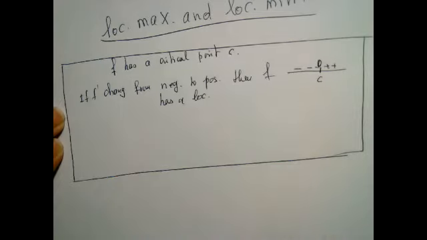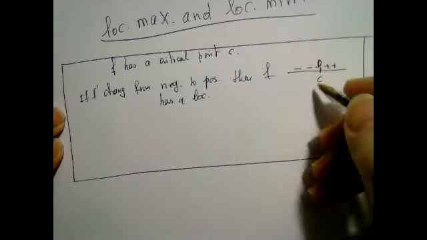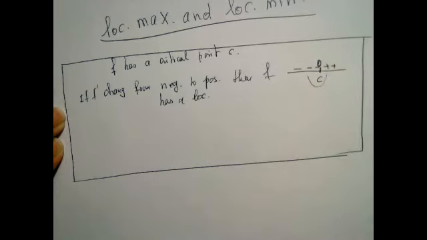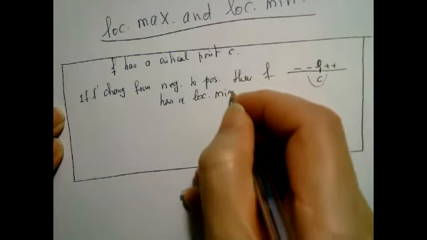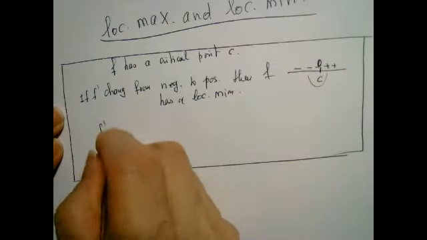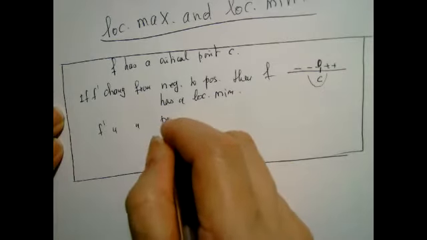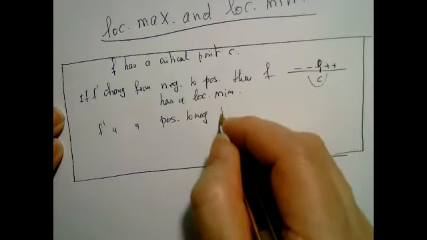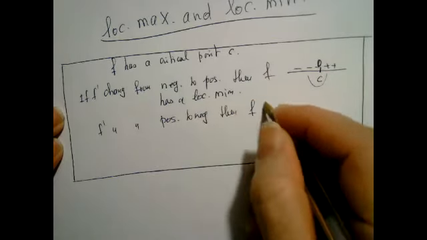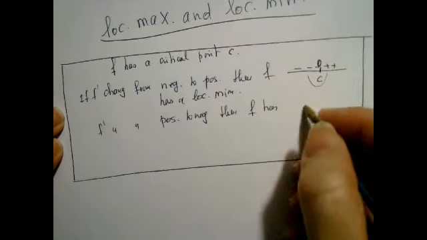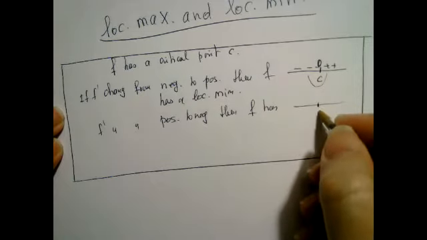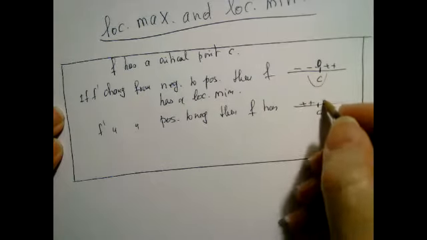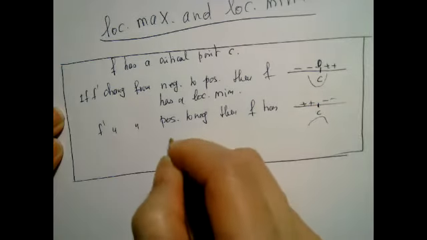Max or min? Min, yep, a local minimum. All right, and if F prime changes from positive to negative at C, then F has a local max. As I said, that's how I know this stuff. Local max.